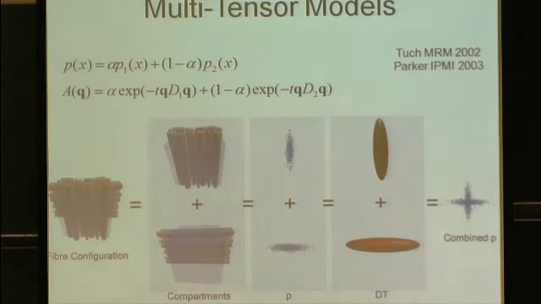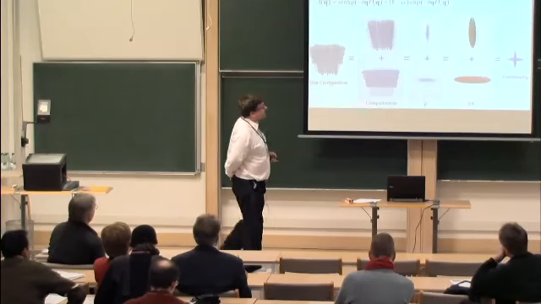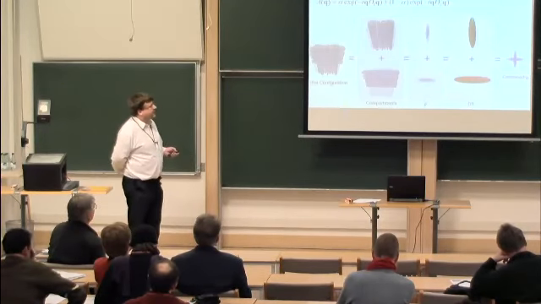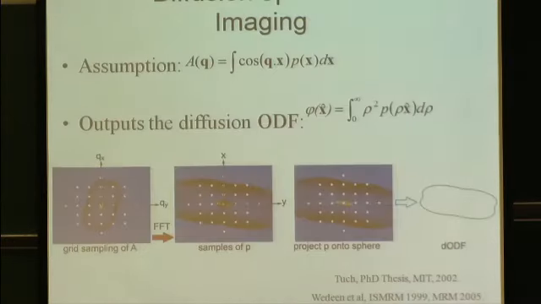So if we simply add together fibers orientated here and orientated here and look at them at a macroscopic level, or let's say we took 3 in 3 different directions, we couldn't tell the difference between that and an isotropic direction. So what's called diffusion spectrum imaging is essentially outputting what's called the orientation diffusion function, which is a probability measure of the directionality of the fiber orientation.